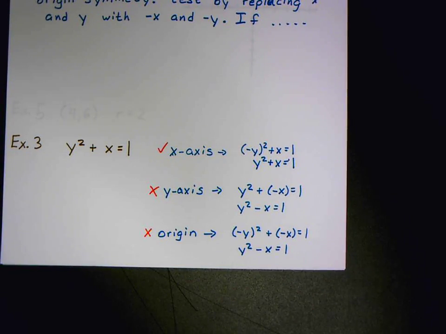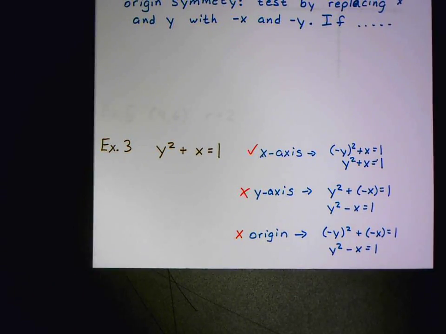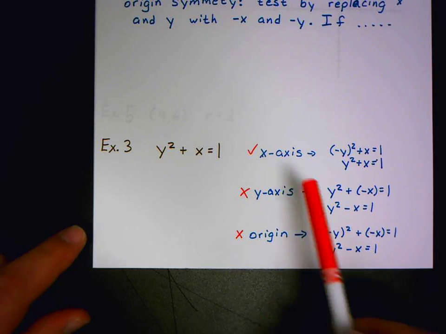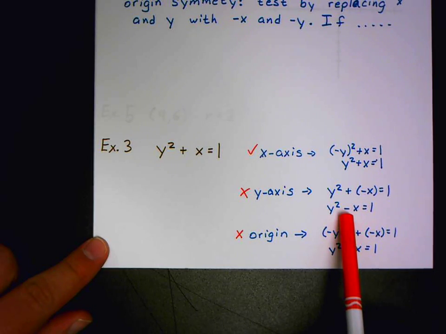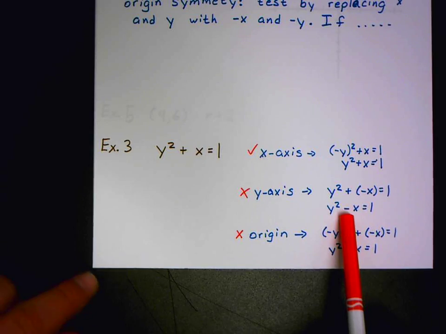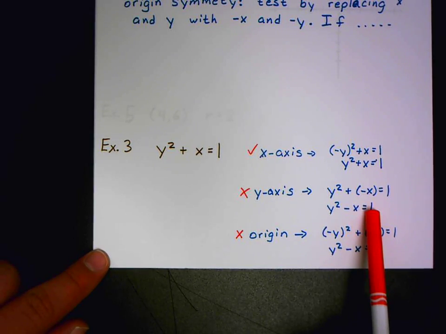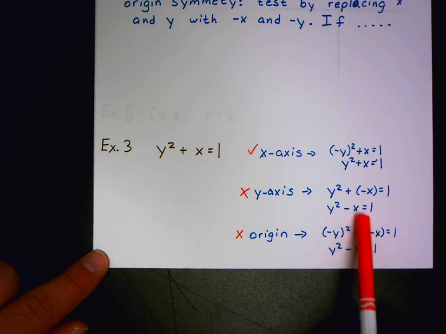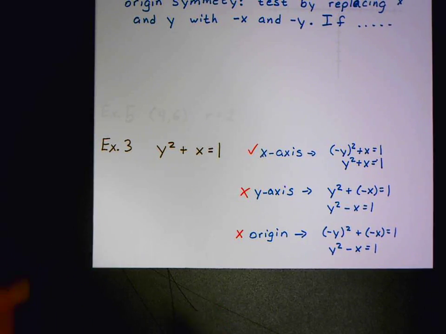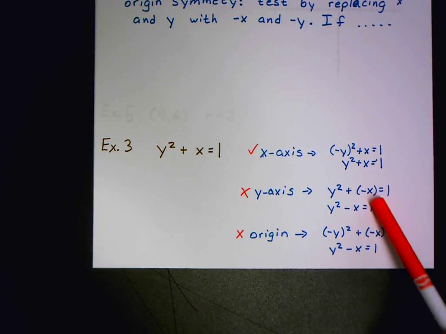Does it help if I scoot it over to this side? It has a minus sign that I can't get rid of. If I try to get rid of that minus sign by multiplying by a negative 1, then this would have a negative and this would have a negative. So there's no way I can turn that into a plus sign. And this one ends up being the exact same. So the only kind of symmetry this has is x-axis symmetry.